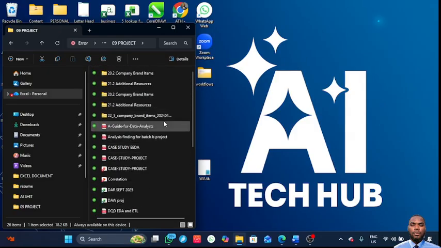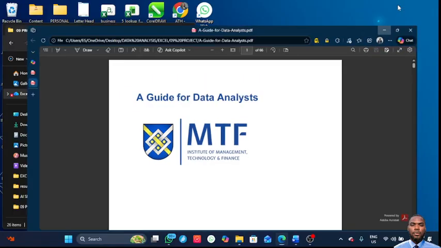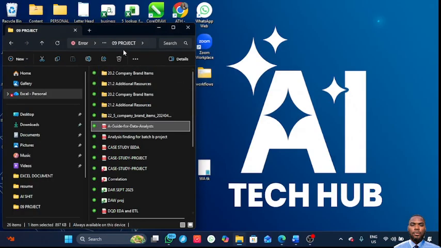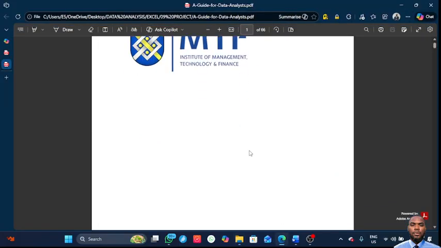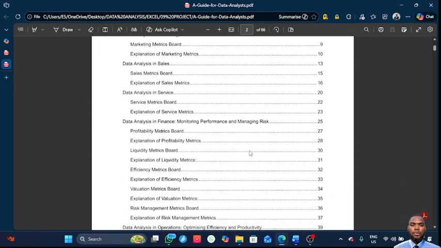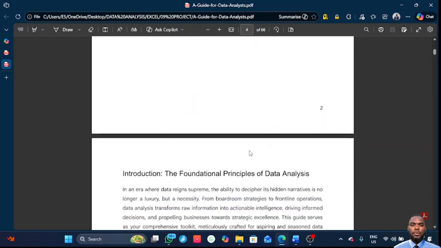Okay, before we do the project, there's this PDF. If you go to the project folder, there's a PDF called A Guide for Data Analyst. Now, on that PDF, you can just go through it generally, but this is what I want you to focus on.